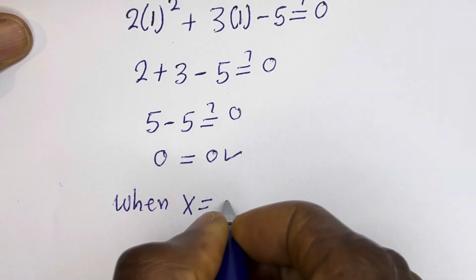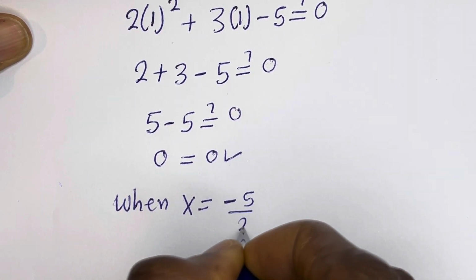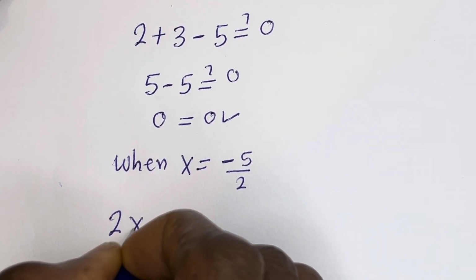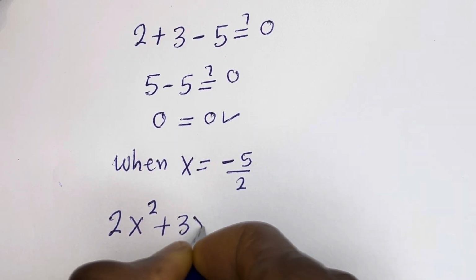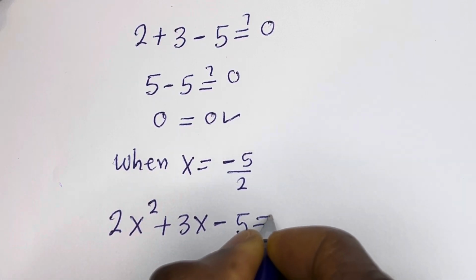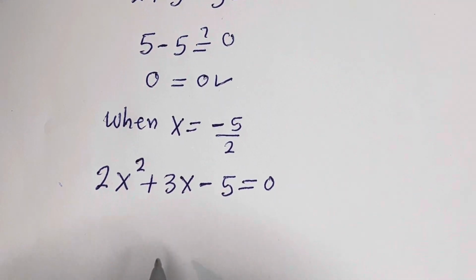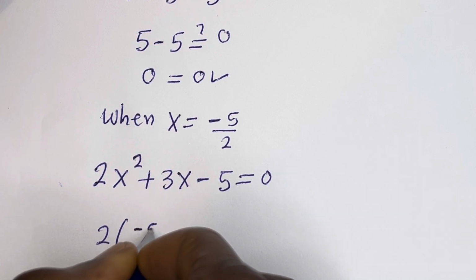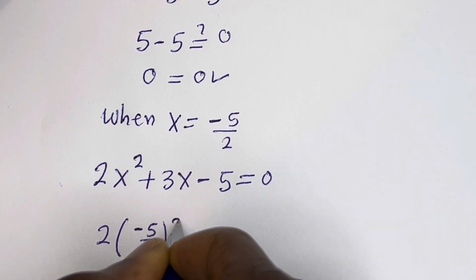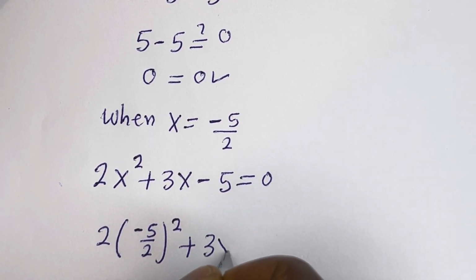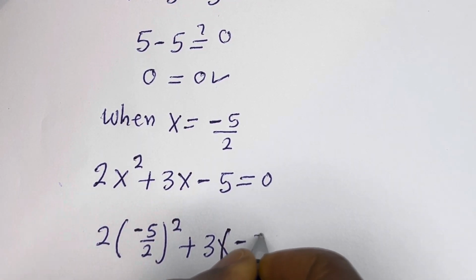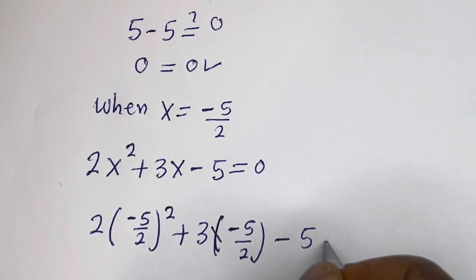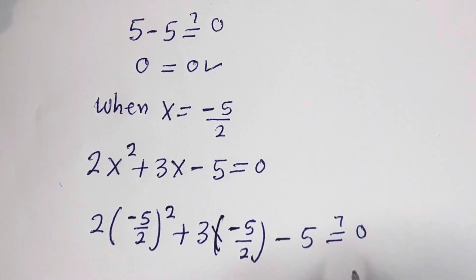when s is equal to minus 5 over 2, then we have 2s squared plus 3x minus 5 is equal to 0. 2 bracket minus 5 over 2 all squared plus 3 bracket minus 5 over 2 minus 5 must be equal to 0.